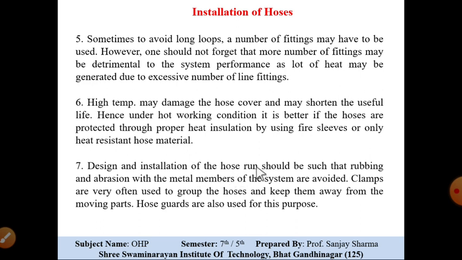Design and installation of the hose run should be such that rubbing and abrasion with the metal members of the system are avoided. So what exactly does it mean? Suppose you are designing, installing or fitting the hose pipe. These are the parameters to be kept in mind: the hoses should not be assembled or fitted in such a way that they rub over each other or abrade each other.